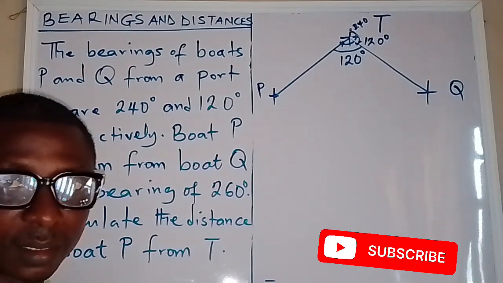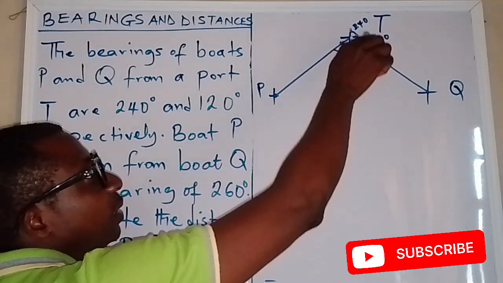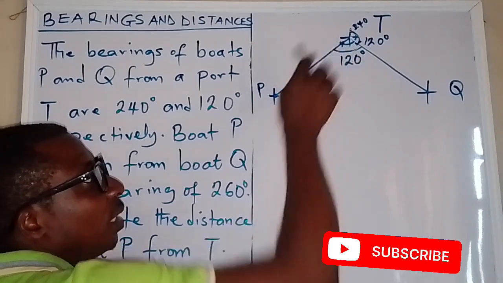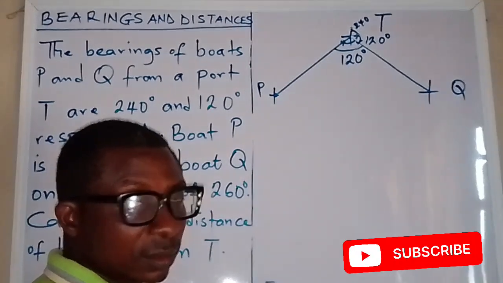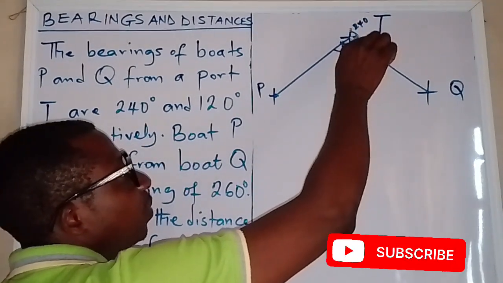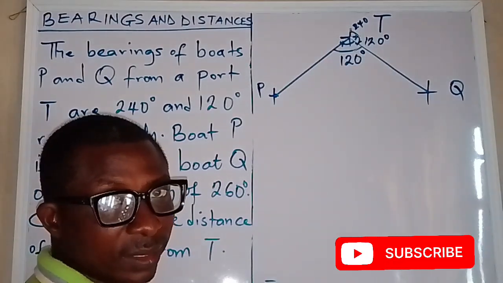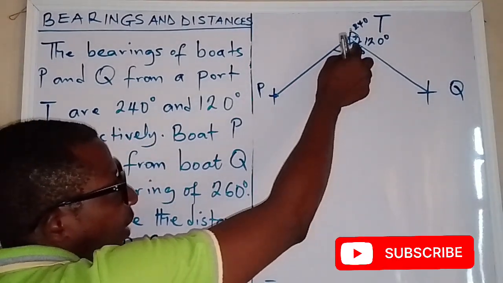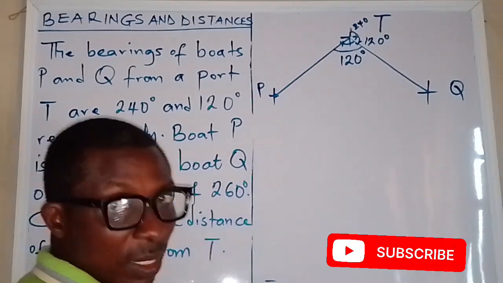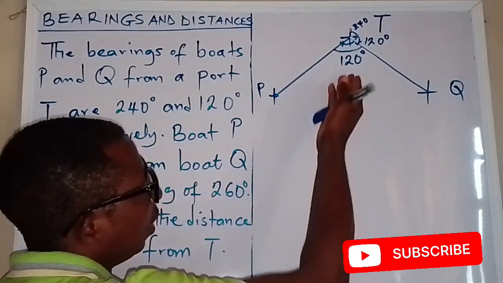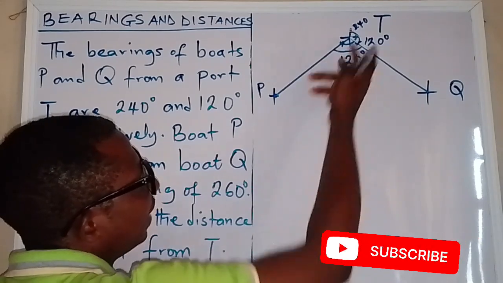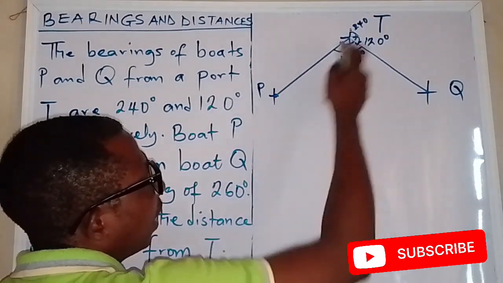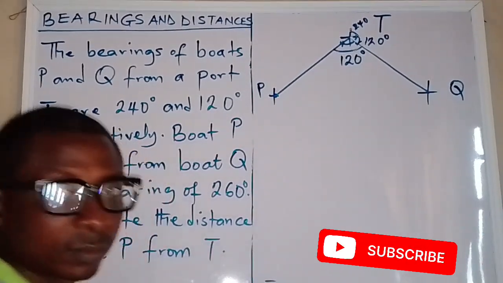I hope you get that. From the North Pole down to this place is 240, from the North Pole to this place is 120, so the angle between line TP and TQ is 120 degrees.